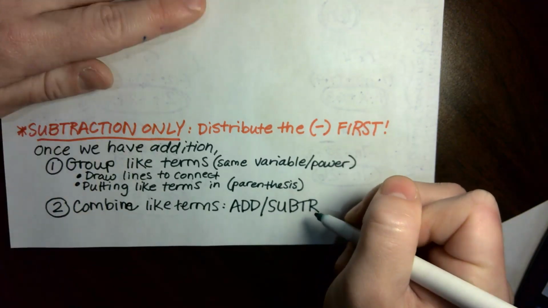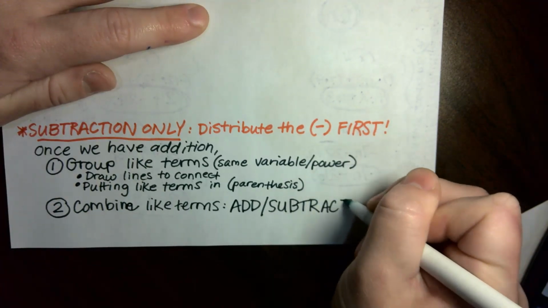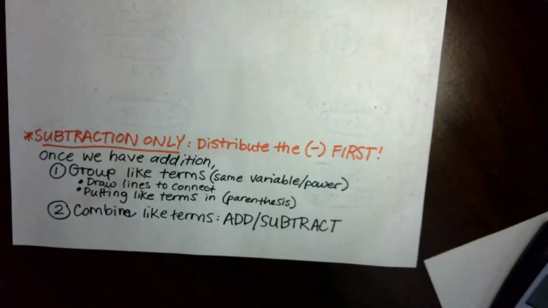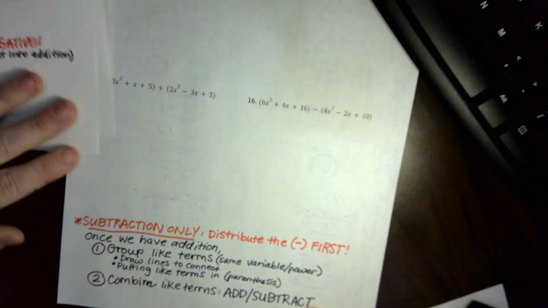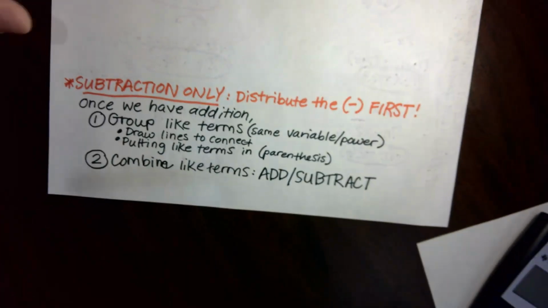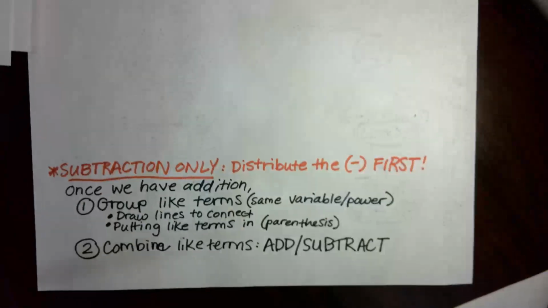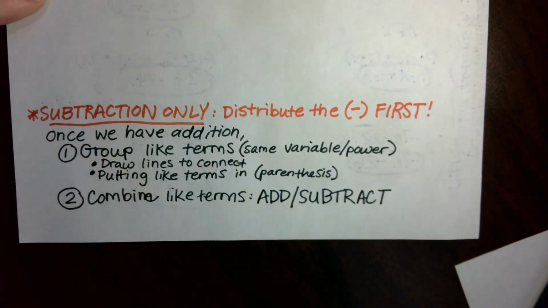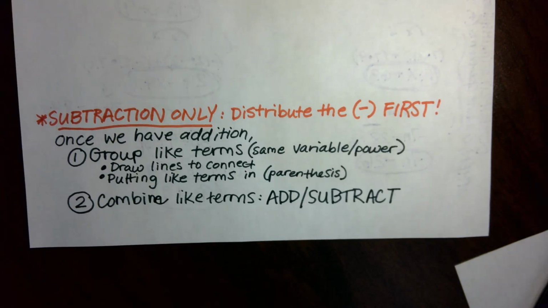Do not multiply. If you need to write in big red letters on the top of your page, sorry guys, I'm sure you're still writing. Don't multiply. Make sure you don't multiply on this page. Okay, and I'll wait for everybody to get caught up to there.